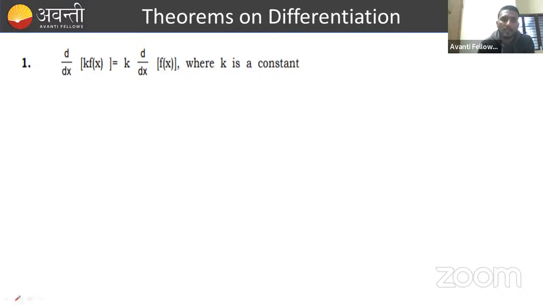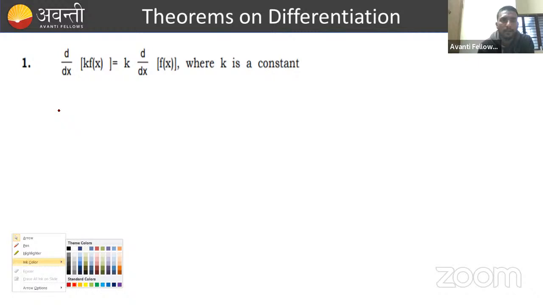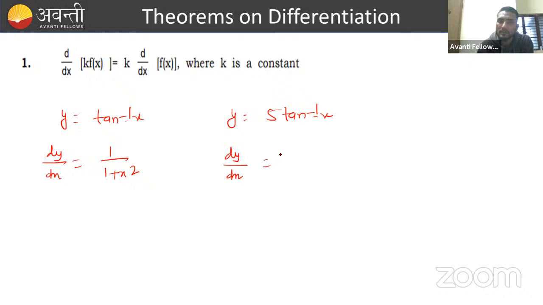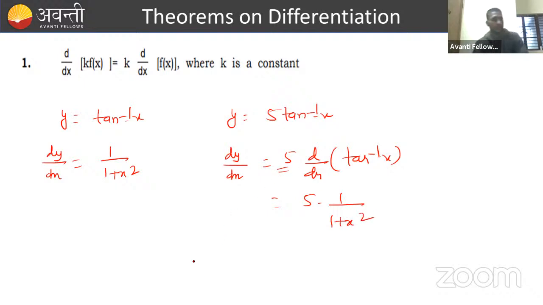For example, if y is equal to tan inverse x, you know that dy by dx is 1 divided by 1 plus x square. So if y is equal to 5 tan inverse x, with 5 as a constant, dy by dx is 5 into d by dx of tan inverse x, which is 5 into 1 divided by 1 plus x square. Simply we can take it out. That is the first thing.